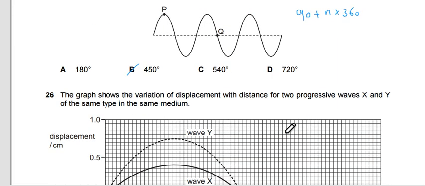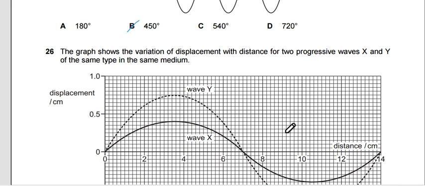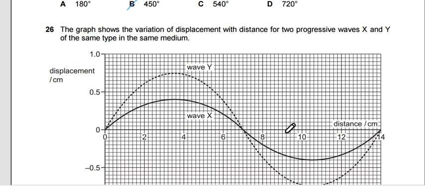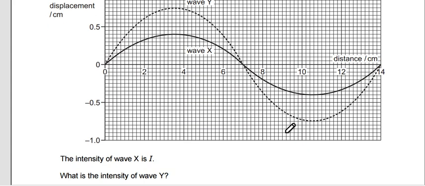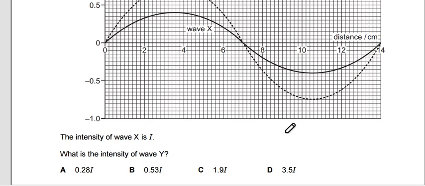The graph shows the variation of displacement of two progressive waves, x and y, of the same type in the same medium. The intensity of wave x is I, and what is required is the intensity of y in terms of the intensity of x.